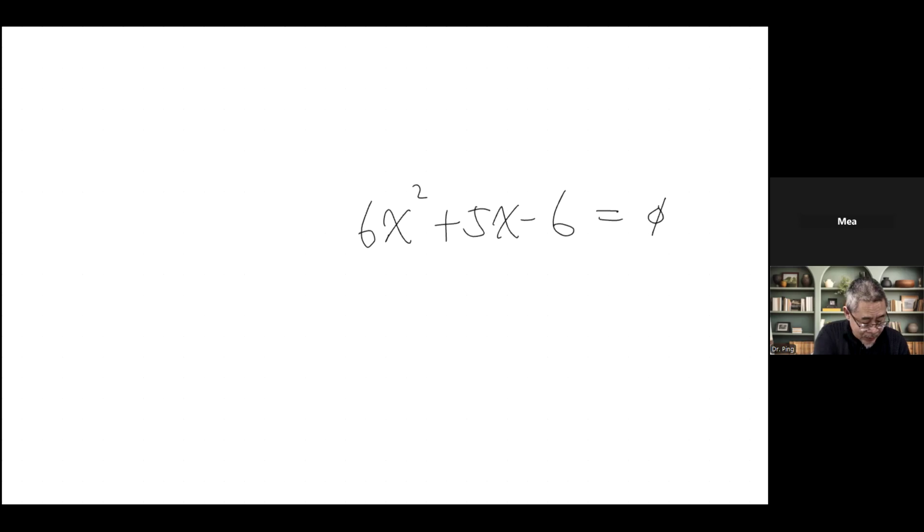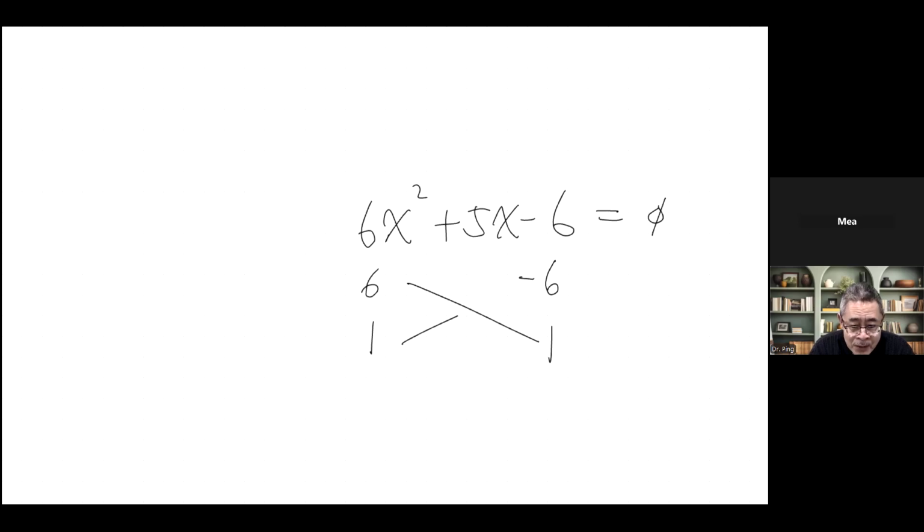All right, let's look at this one. If we do 6, 1, and let's say it's -6 and 1, we know this one won't work. 6, -6, 0, so that doesn't work.